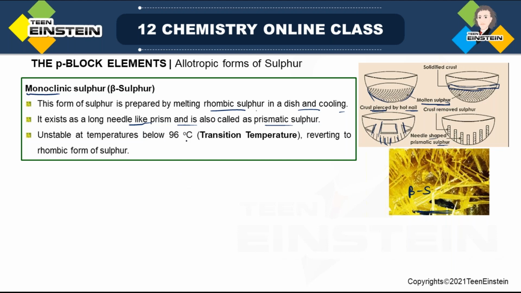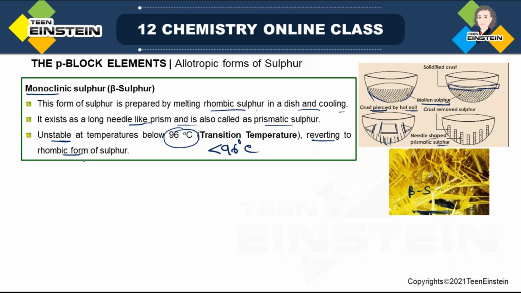Now there is a temperature, 96 degrees centigrade. Below this temperature it is unstable. At 96 or greater than 96, it is stable. But below 96 degrees centigrade, it will revert to rhombic form, because under normal conditions rhombic sulfur is the most stable sulfur.